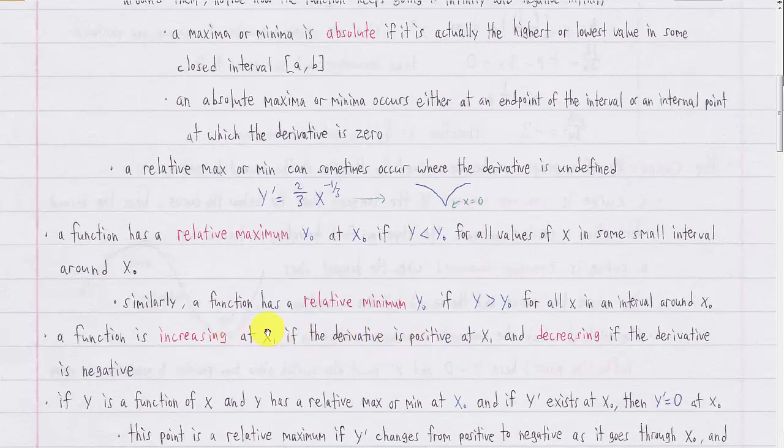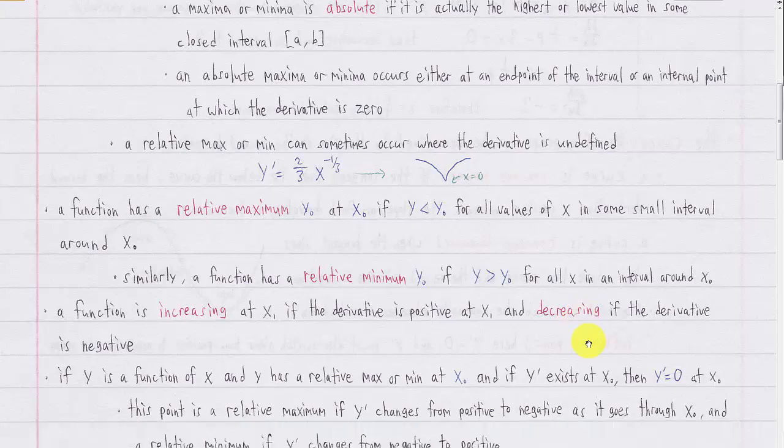When the graph is going up or going down, the formal terms for that are increasing or decreasing. A function is increasing when the derivative is positive, because the tangent lines are pointing up, and decreasing if the derivative is negative.